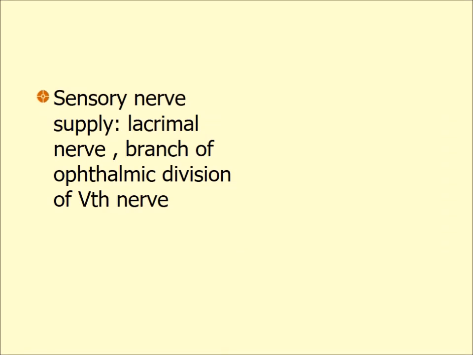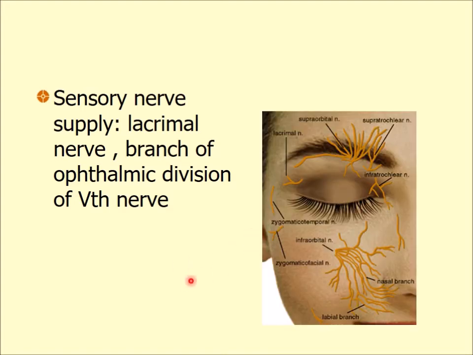Sensory supply is by the lacrimal nerve, which is a branch of the ophthalmic division of the fifth nerve. So for any sac surgery or nasolacrimal duct surgery, these points must be anesthetized by infiltrative local anesthesia, that is the infratrochlear and supratrochlear nerves, and this is also given locally at the medial canthus.